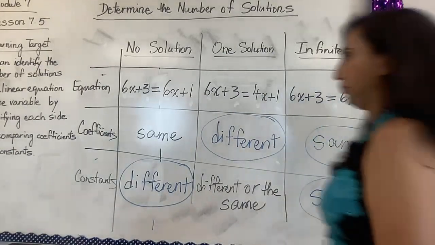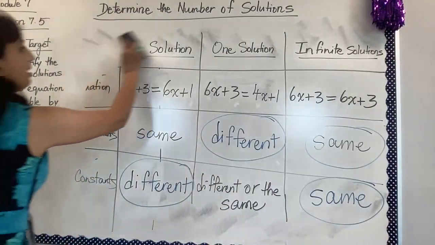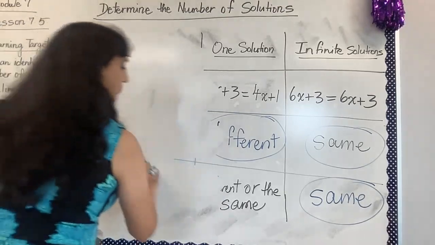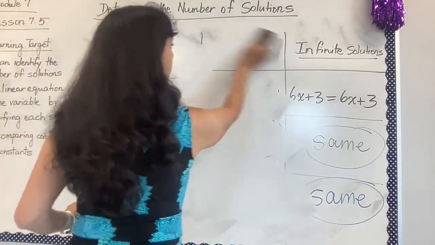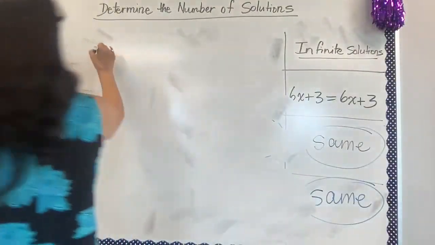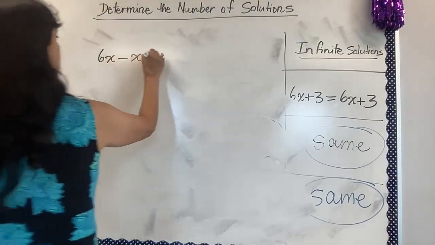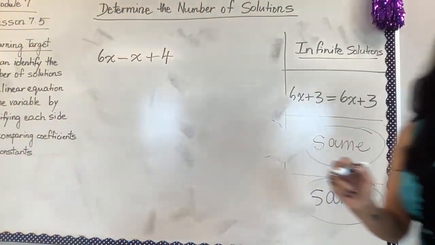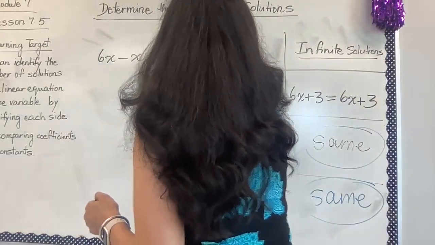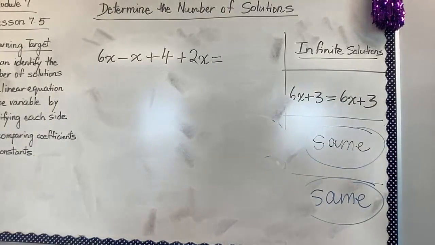Okay, so if I give you a problem, and I say 6x minus x plus 4 plus 2x is equal to, we are going to see what numbers would complete the equation so that it has infinitely many solutions.